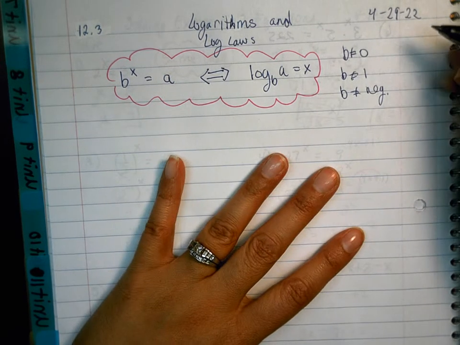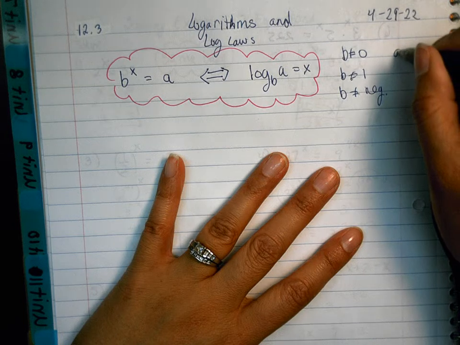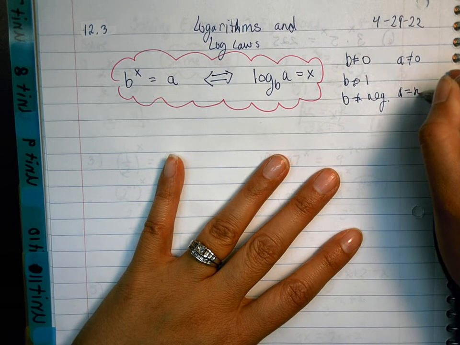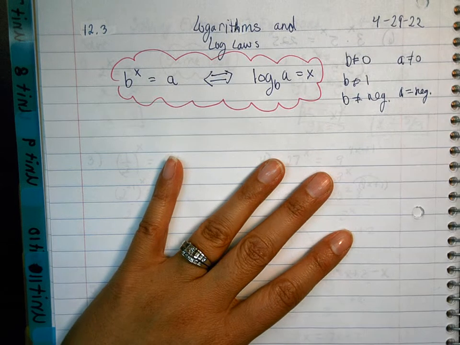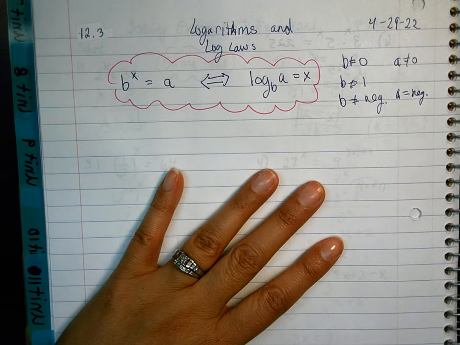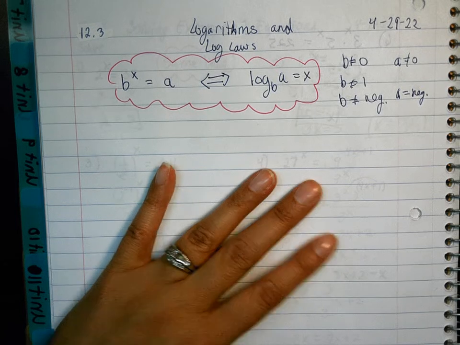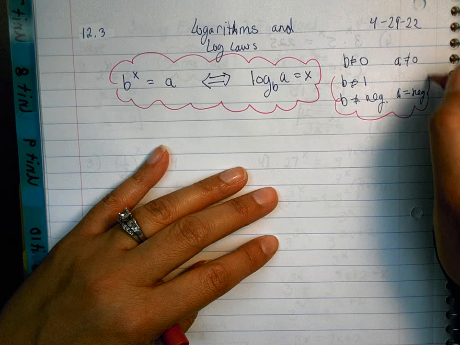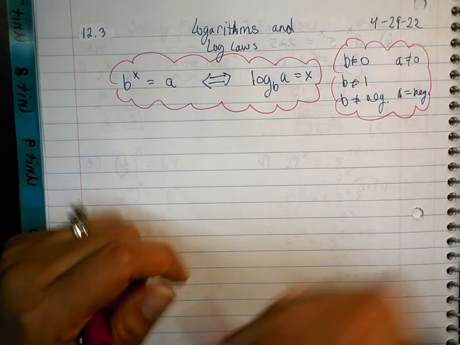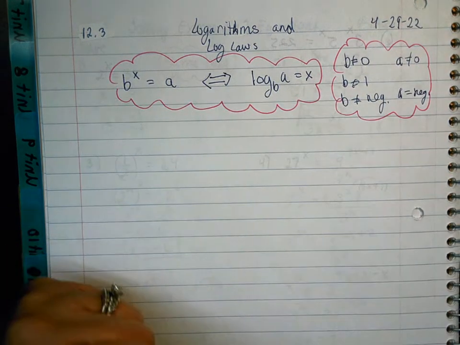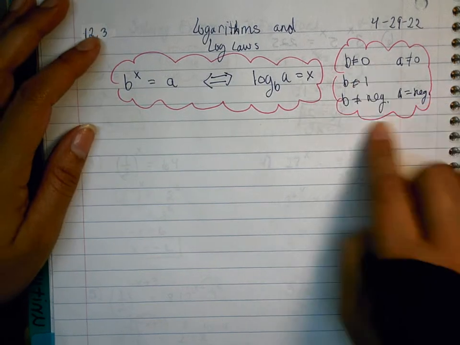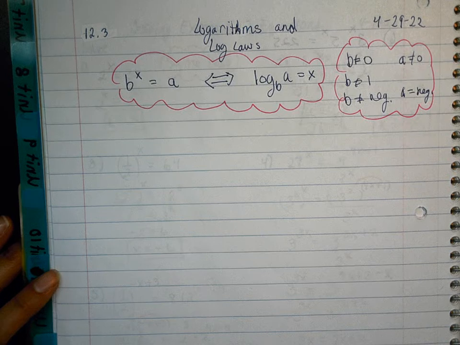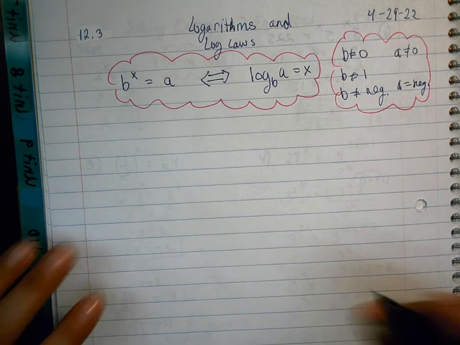A could equal 1, but it cannot equal 0, and it cannot equal a negative. These restrictions here, we're not going to use too much today, but we will come to a point where we're solving, and we need to know these rules: the things that b cannot be and a cannot be. All right.